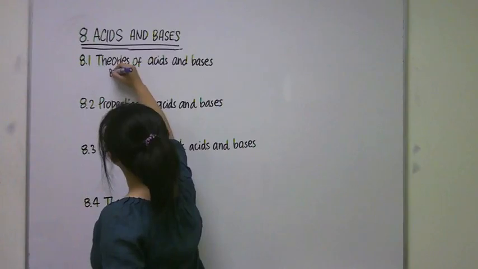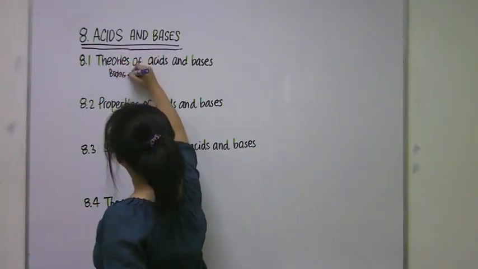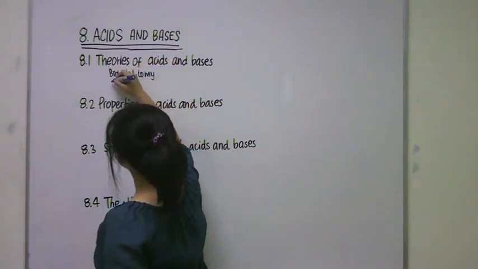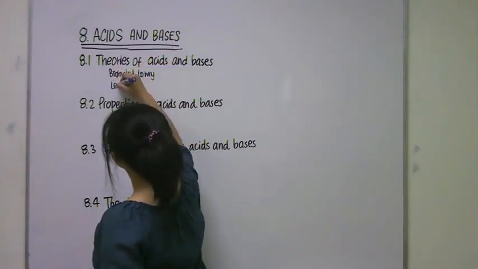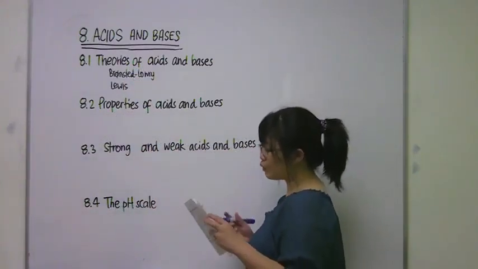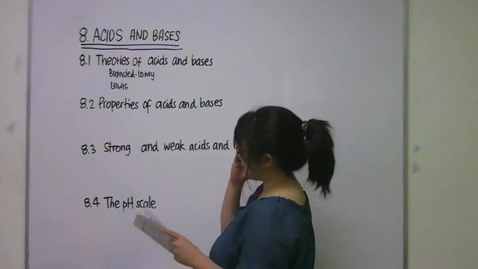One is Bronsted-Lowry acid and bases, and the other one is by Lewis definition of Lewis acids and bases.